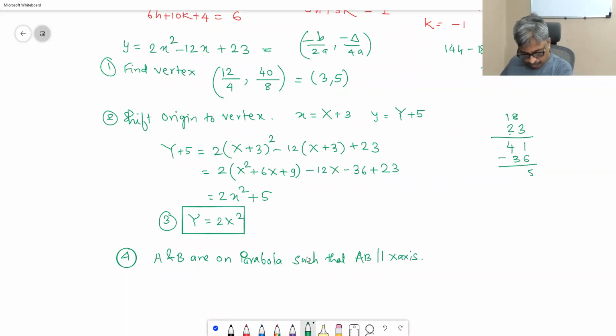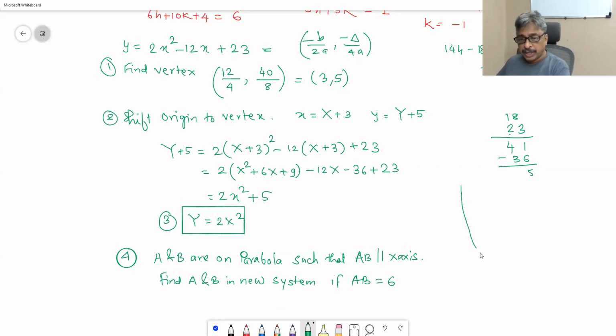Find the coordinates of A and B in the new system if AB is equal to 6.